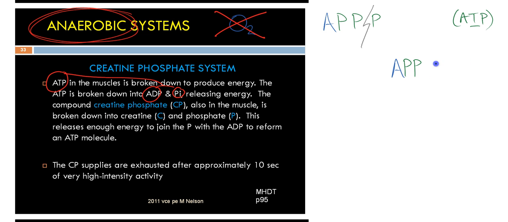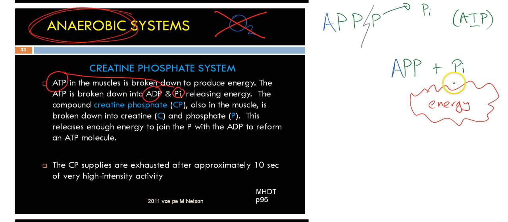We have also here our inorganic phosphate, that's the one that's split off. And as well as that, we have energy. And this energy here is used for muscular contraction.